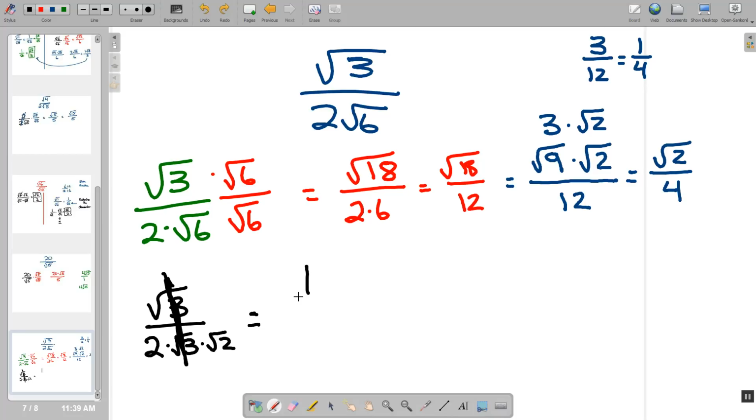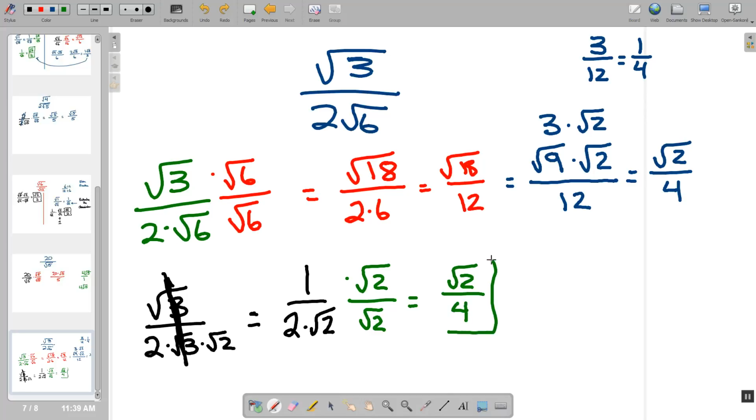So I get 1 over 2 times the root of 2. So now when I rationalize the denominator by multiplying both of these numbers times the root of 2, I end up getting something that's a little bit simpler right away. This is equal to 2, so my answer is already done.